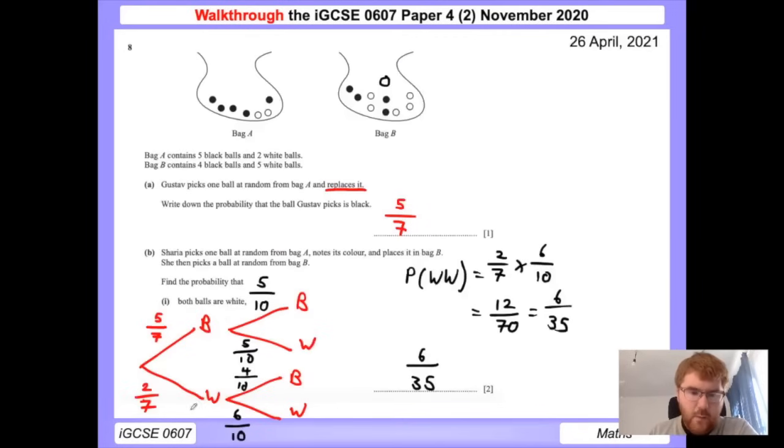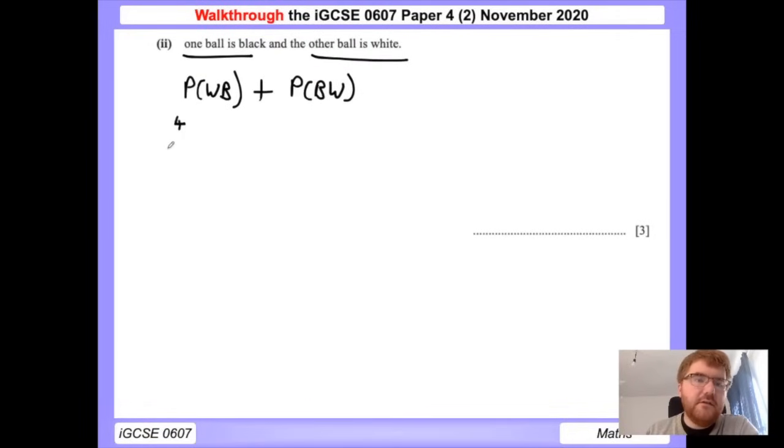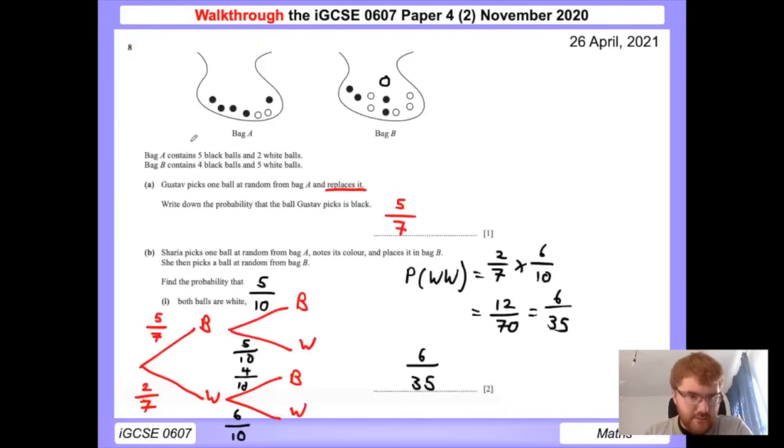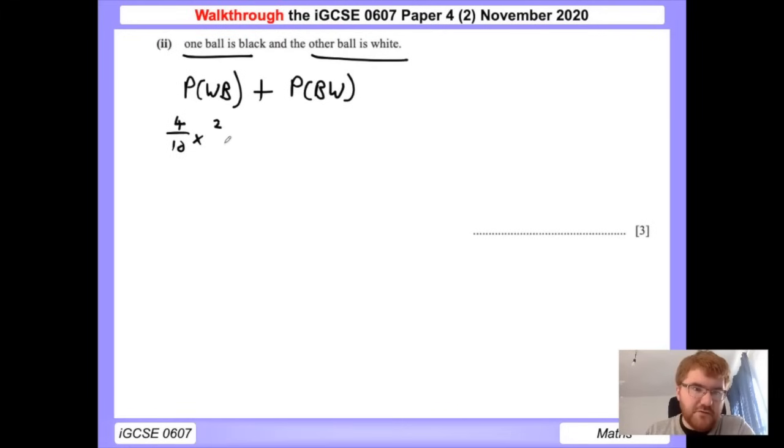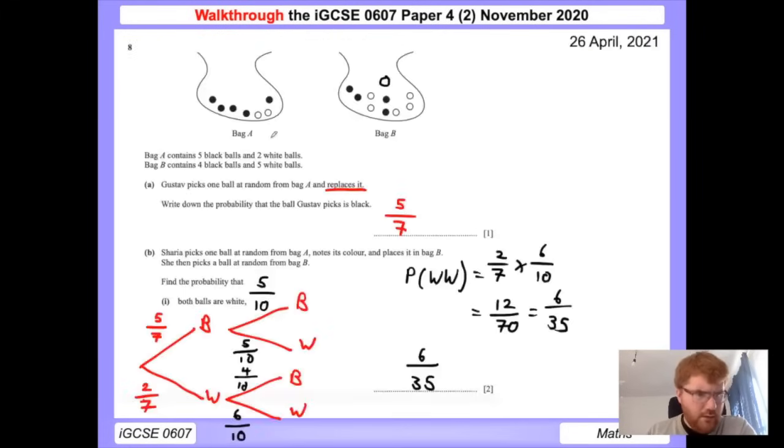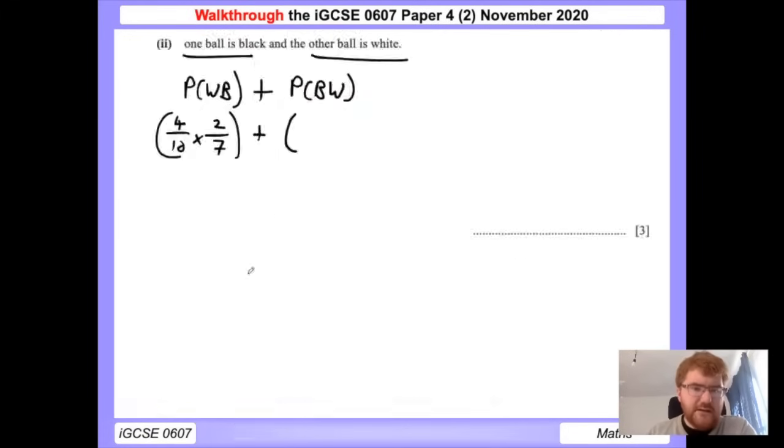Probability of white-black, well, it's going to be going along this route. So we've got 4/10 times 2/7. Should do it the other way around, really. Put this in brackets. White-black, and then we do black-white. So we get 5/7 times 5/10.